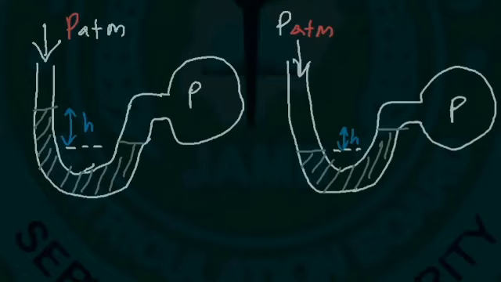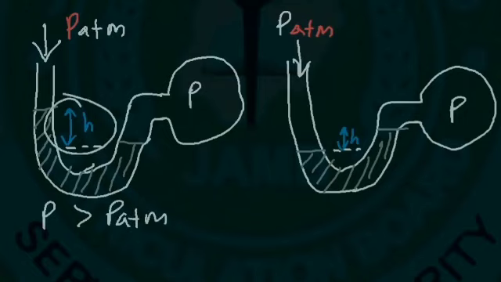So here's a question for you. Which pressure is stronger on the left side? Is it the atmospheric pressure or the pressure of the gas? Notice that the gas pushes down more on the mercury than the atmospheric pressure for the picture on the left. Therefore, this pressure is greater than the atmospheric pressure. And it differs by the gauge pressure of the mercury column.